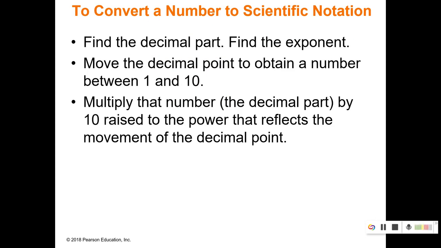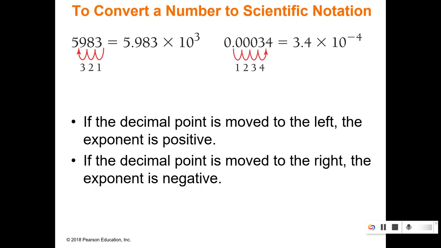Going from a standard notation to scientific notation is a little different. So this is standard to scientific. Okay, so these large numbers, again, remember they have positive exponent, small numbers have negative.